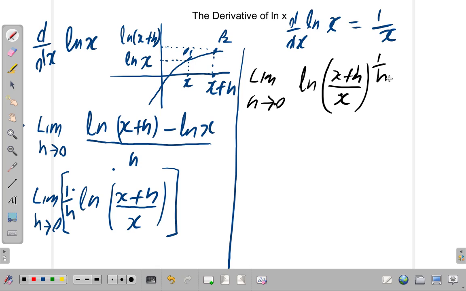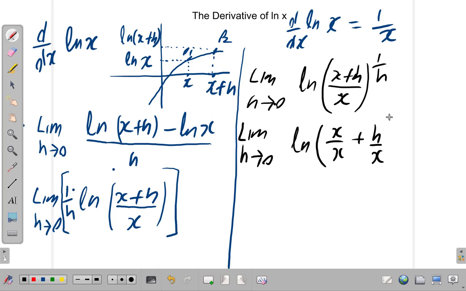Now you can rewrite what you have in the bracket here and say what you're looking at is the limit as h tends to 0 of ln of the bracket, which can be written as x over x plus h over x, to the power of 1, and that to the power of 1 over h.